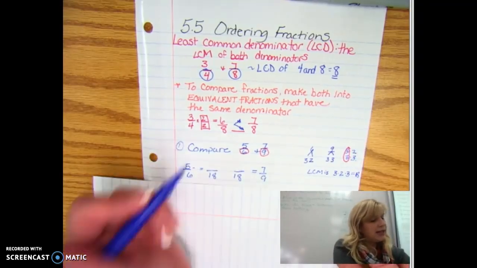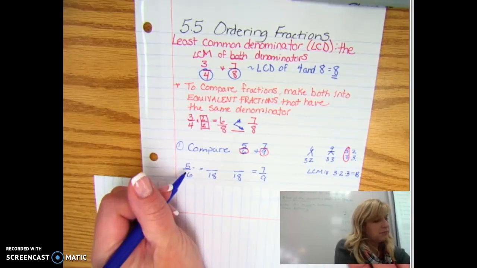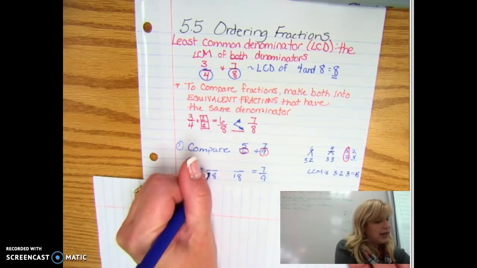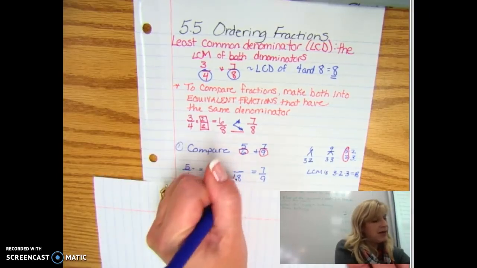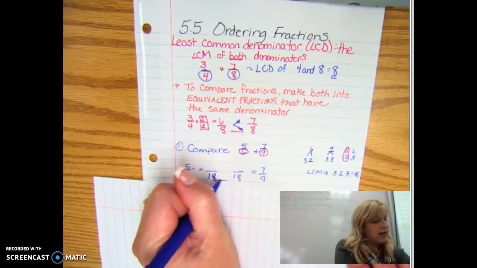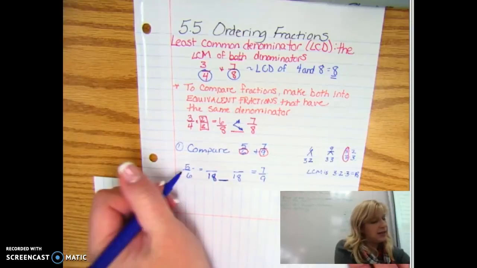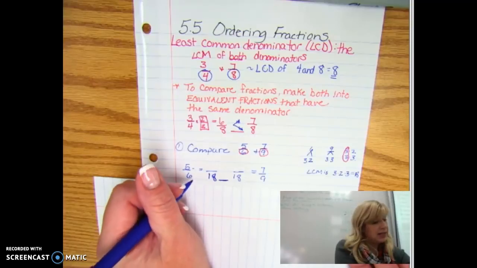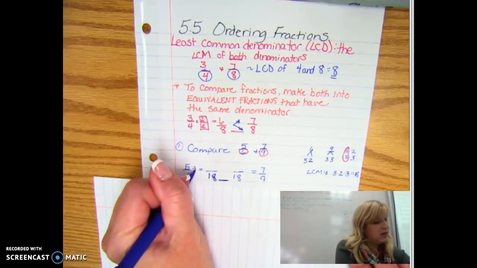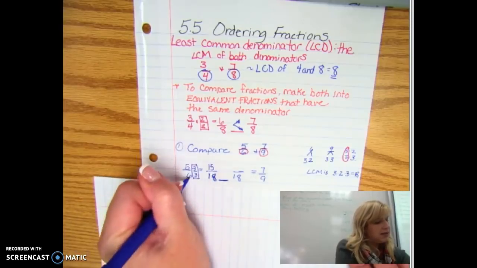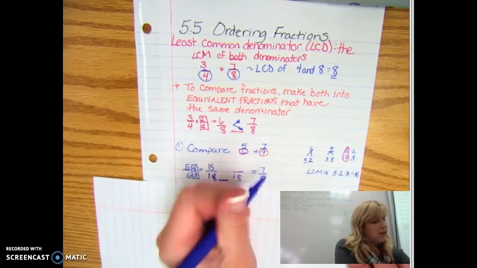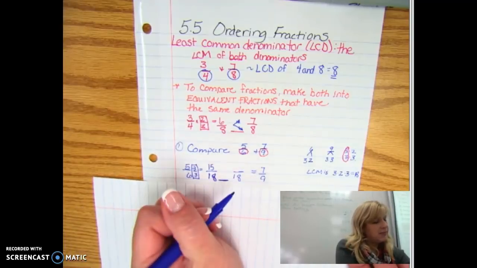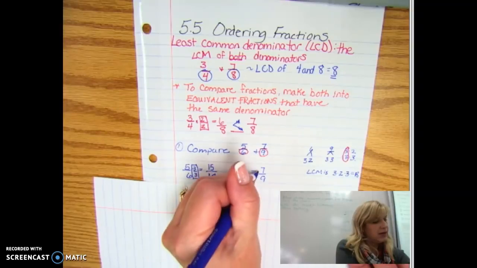So I've gotten to this stage right here. I know that I need both of them to have the denominator of 18. And right here I'm going to put the greater than or less than. So I wrote 5/6. What do I need to multiply this by to get 18? Well, I know that 6 times 3 is 18, so it has to be a 3/3. 5 times 3 is 15. 6 times 3 is 18. What do I need to multiply this times to get the 18 over here?